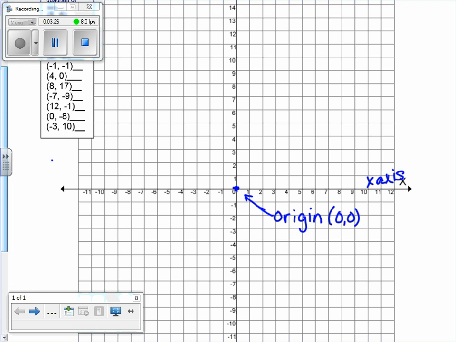Okay, real quickly, just to review, we have quadrants. I like to number the quadrants in terms of Roman numerals. So we look at it in terms of a C, and I just go along with my C and call this quadrant 1, quadrant 2, quadrant 3, and quadrant 4.